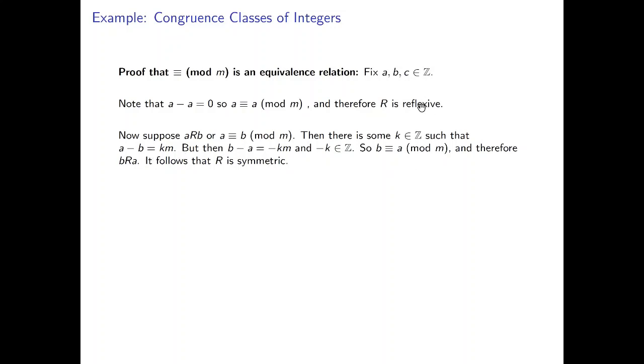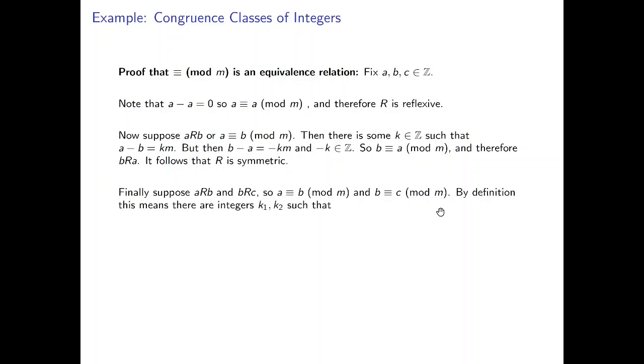We've proved it's reflexive and symmetric, and finally we need to check that it's transitive. How do we check that? We have to assume that A is congruent to B mod m and B is congruent to C mod m, where A, B, and C are arbitrary integers. Then we want to show that these two together imply that A has to be congruent to C mod m.